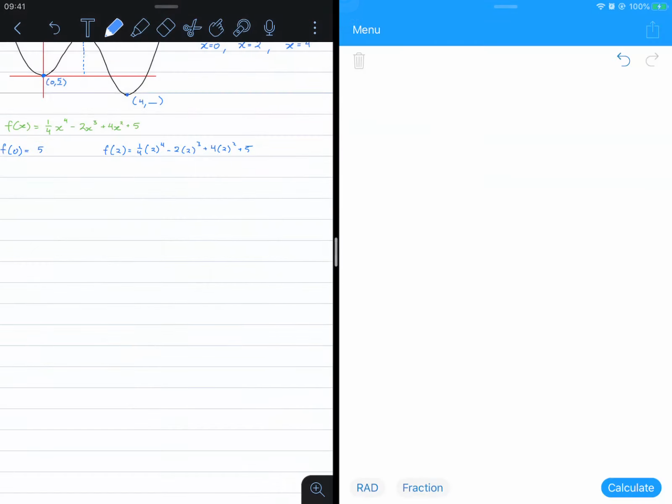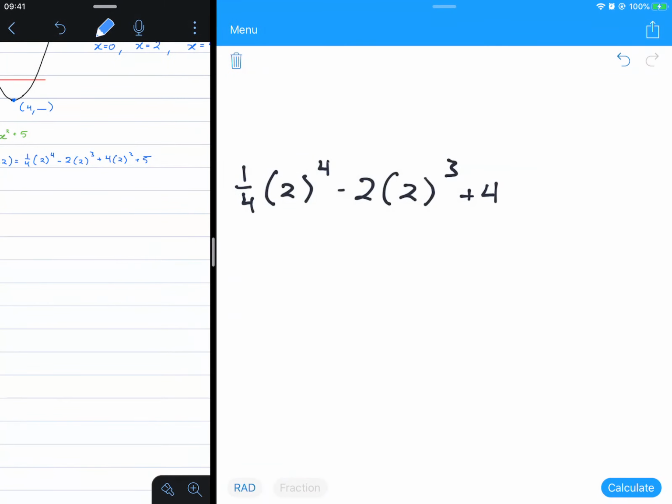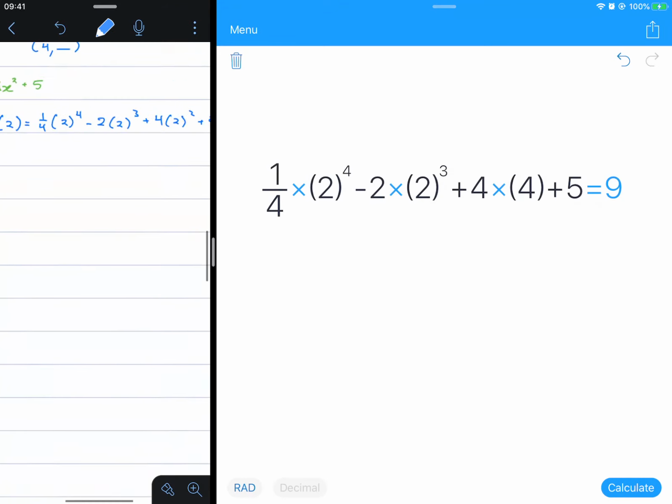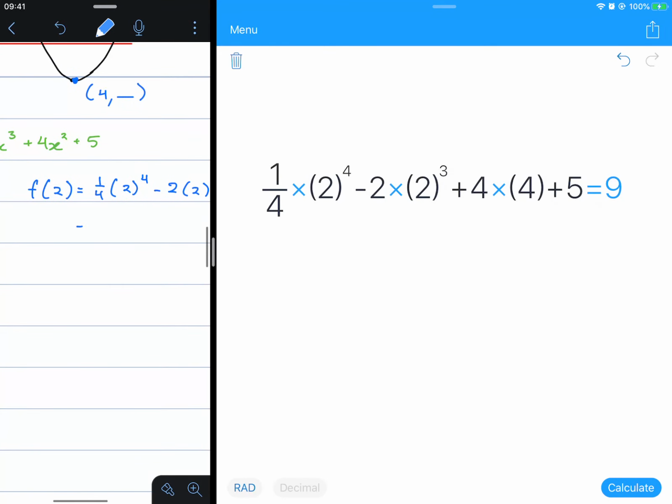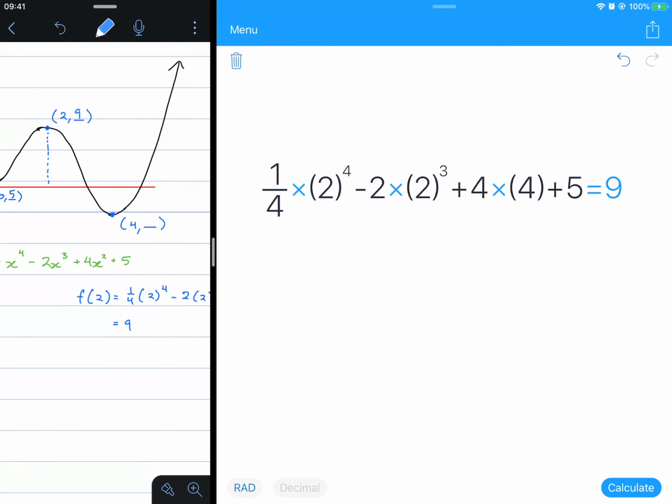Just punching this all into a calculator. Four times 2 squared, that's 4 times 4, plus 5. This gives me 9. So the coordinate of this is 2, 9.